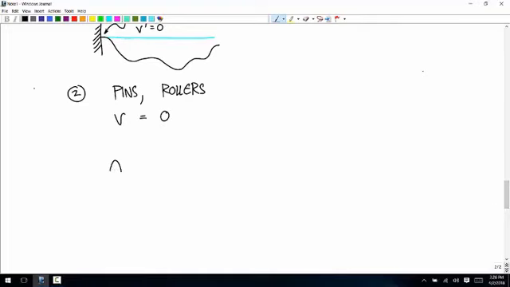So, like in the example that I drew at the start, if you have a pin and a roller, and originally the beam has a shape like that, then after the deformation, it could do something like that. Here and here, the deflection is equal to 0, but the slope is whatever.